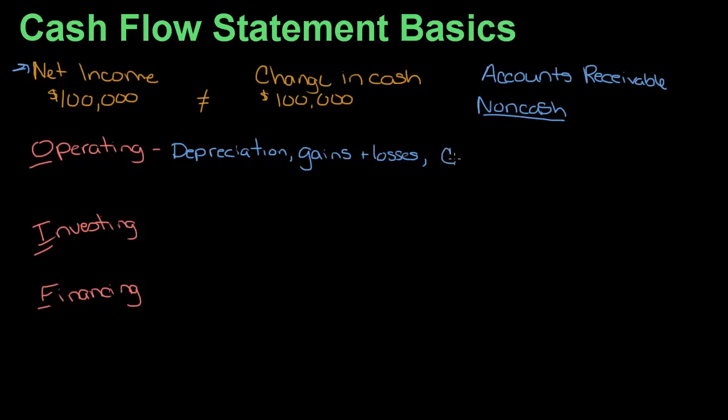So the way that I look at this is that current assets, things like accounts receivable, inventory, prepaid items, okay, all those items affect our operations. They either affect income or expenses. Also, you have to put in here current liabilities. Think about things like accounts payable, salaries payable, taxes payable, interest payable, right?